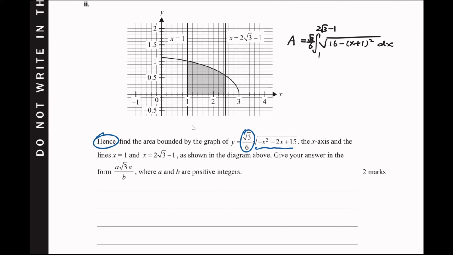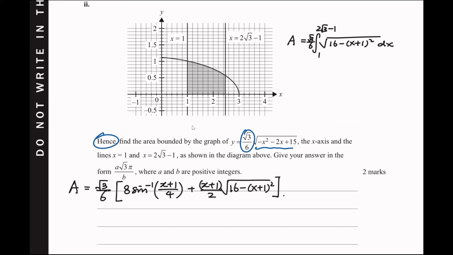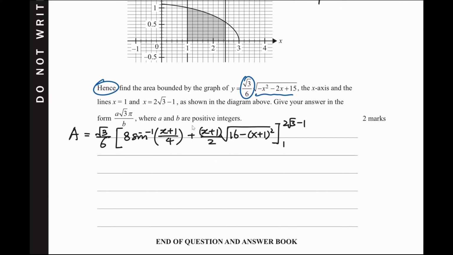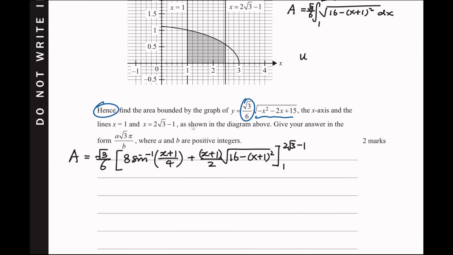Then the result will be, I just take a root 3 on 6 here, set out the square bracket. You have 8 sine inverse of (x plus 1) divided by 4 plus half (x plus 1) square root of 16 minus (x plus 1) squared, between 1 and 2 root 3 minus 1. And I will do a small step here. Let u equal x plus 1.